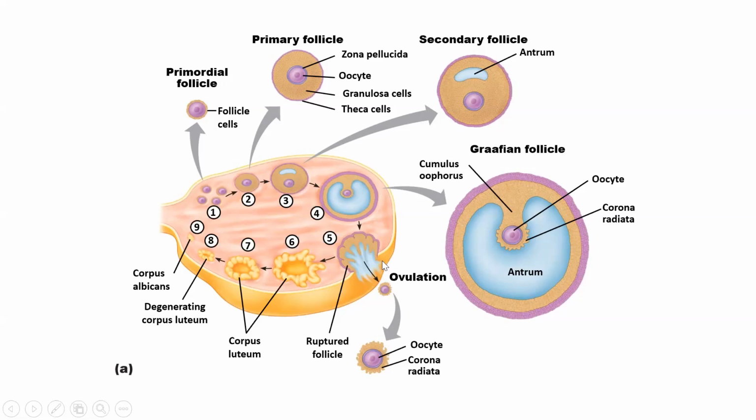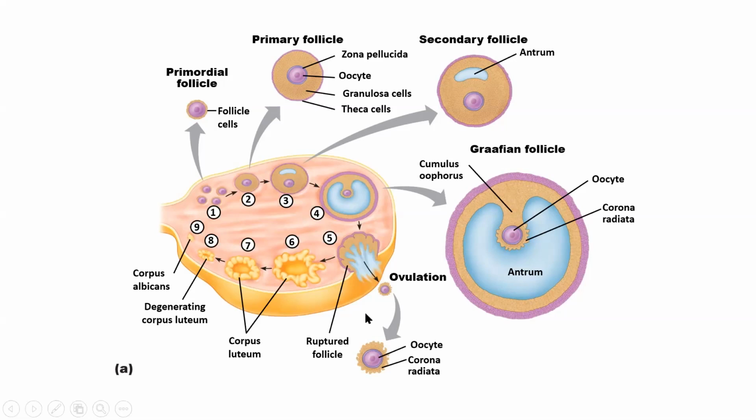From 14 days to 28 days, we have the production of the corpus luteum. If no hormone is being released to sustain the corpus luteum, then it will regress, and that will result in the shedding of the lining, and the cycle starts all over again.